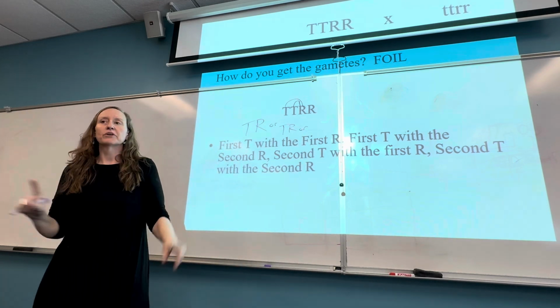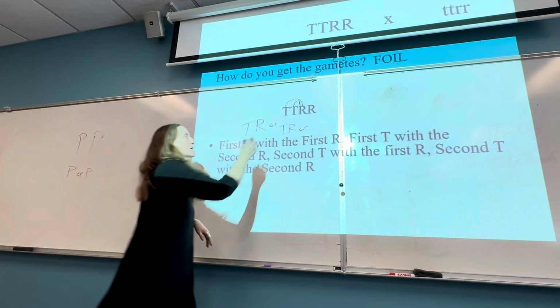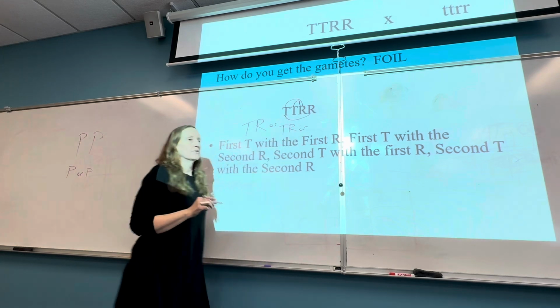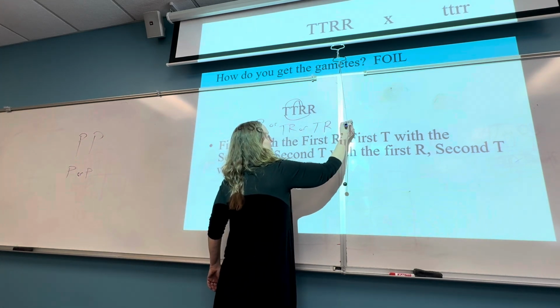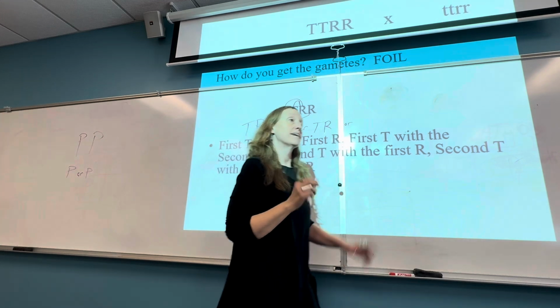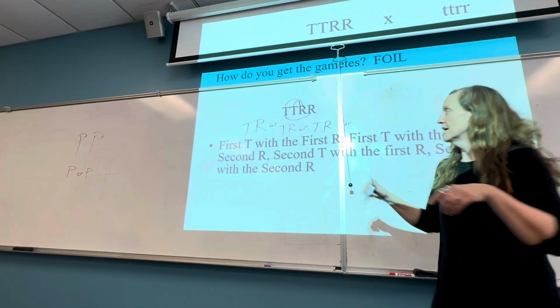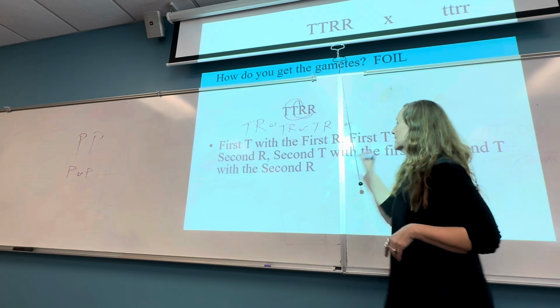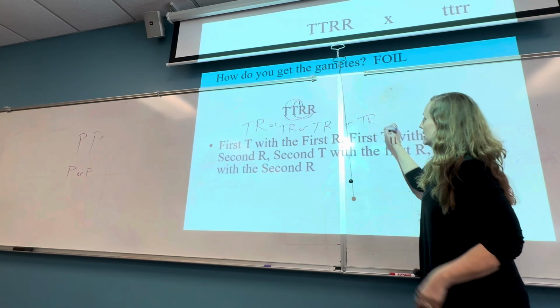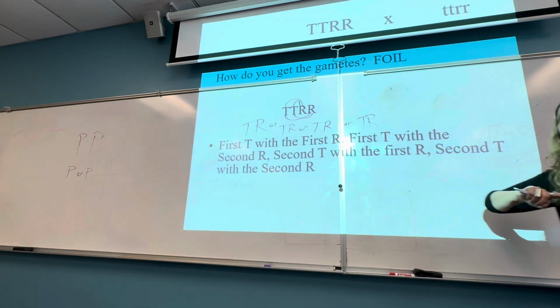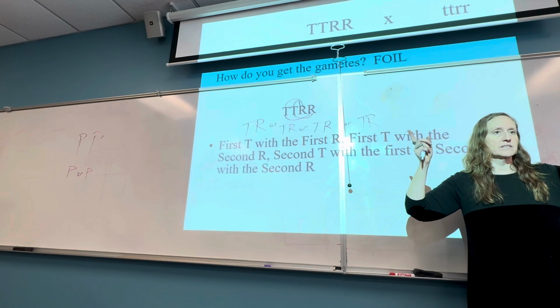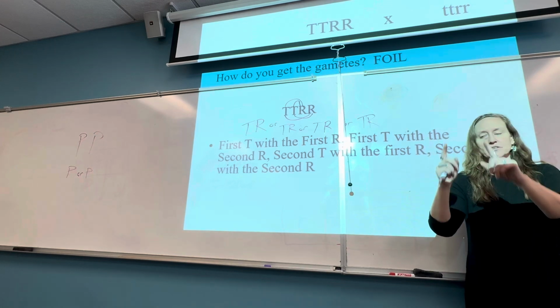Now we're going to take the outer letters. The outer T and the outer R. And then we're going to take our last T and our last R. So take our first letters of each of our traits, our inner letters of each of our traits, our outer letters of each of our traits, and our last letters of each of our traits.